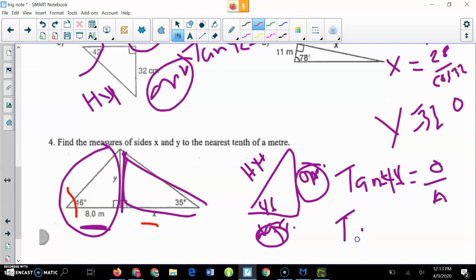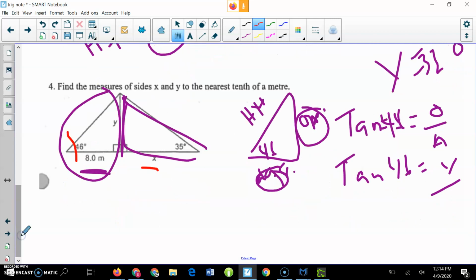You don't need that line. You can go right into this one. Tan 46 is equal to opposite, which is y, over my adjacent, which is 8. Okay? The y is up top. So I just take this 8 and bring it up there. So it'll be 8 times tan 46 equals y.